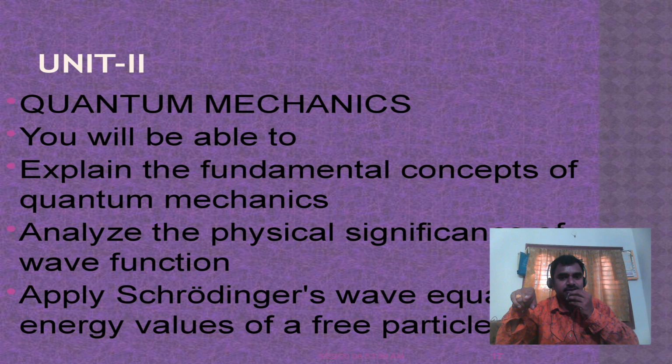In quantum mechanics, we will be able to explain the fundamental concepts of quantum mechanics, analyze the physical significance of the wave function, apply Schrodinger's wave equation, and find energy values of a free particle.